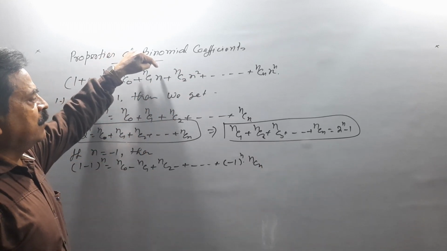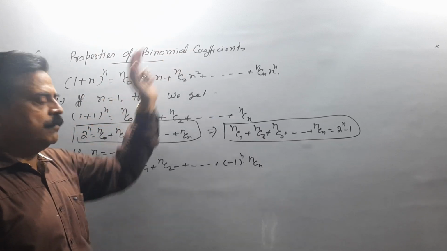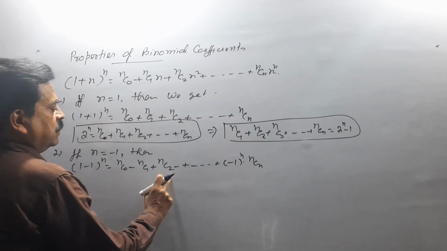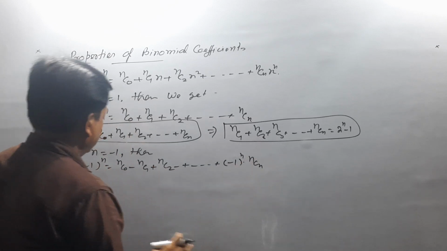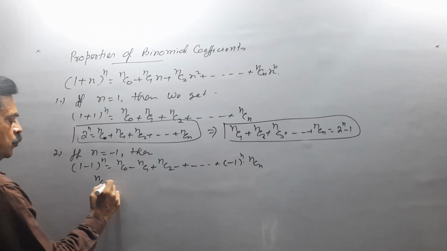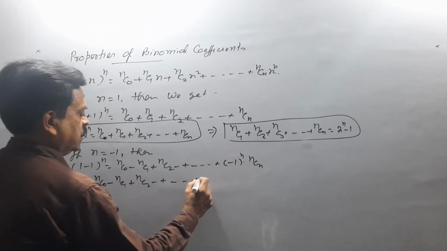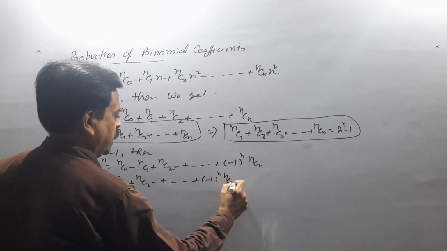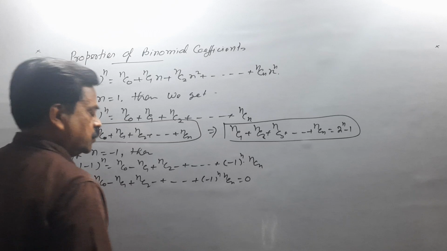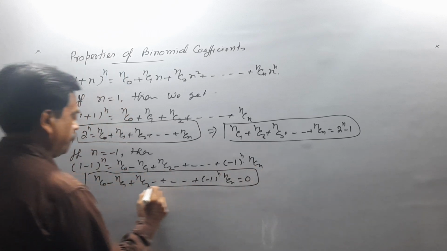Where the power of x is odd, we get a negative result, and where the power of x is even, we get a positive result. So nC0 minus nC1 plus nC2 minus plus and so on alternately, and 1 minus 1 is 0. So nC0 - nC1 + nC2 - ... + (-1)^n nCn equals 0.